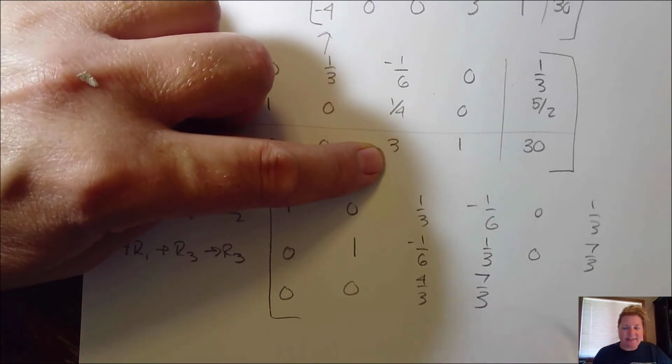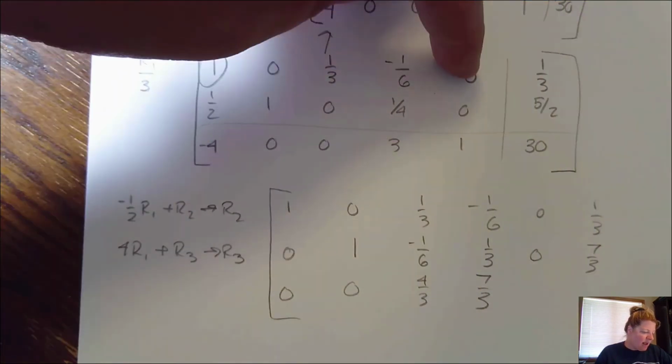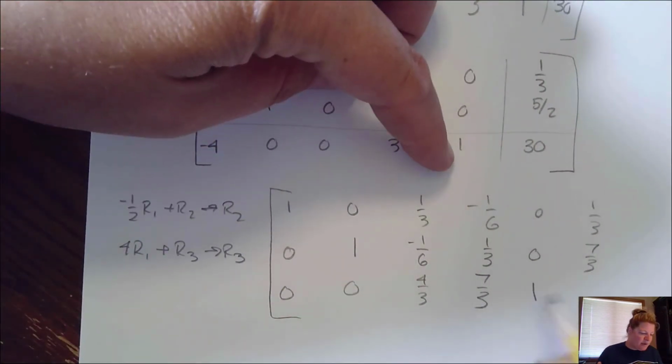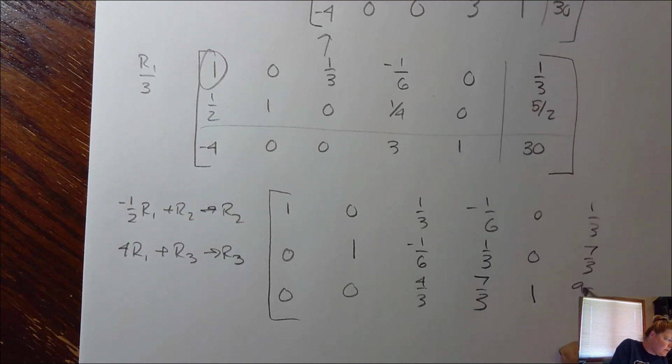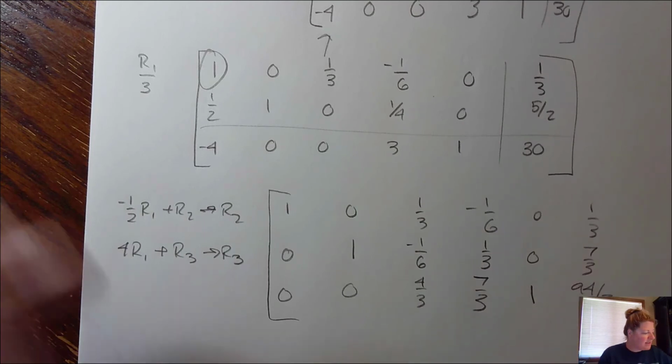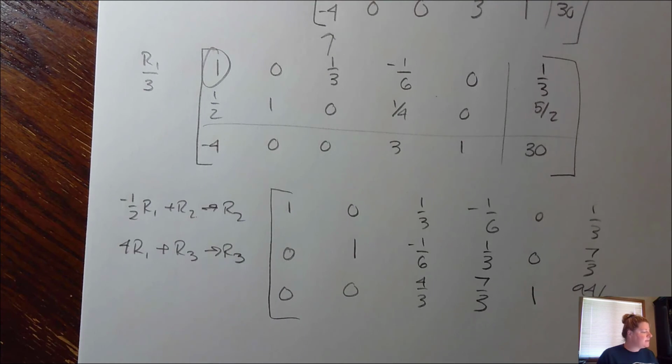A lot of fractions. I think that's part of why I did this one too. 4 times row 1 is 0, plus 1 is 1. 1/3 times 4 is 4/3. So 4/3 plus 30 is 94/3. I wonder if that's the answer I got. Oh, I hope so. Sure is.